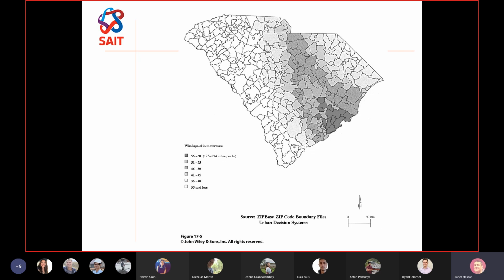Okay, so watch this, please. You can see this area here obviously has a dark color. It means the wind is very high in this area. Now you can see it's a big area, probably a few hundred square kilometers. Where can I come up with the best design? I need the best design for the location, where the wind speed is.